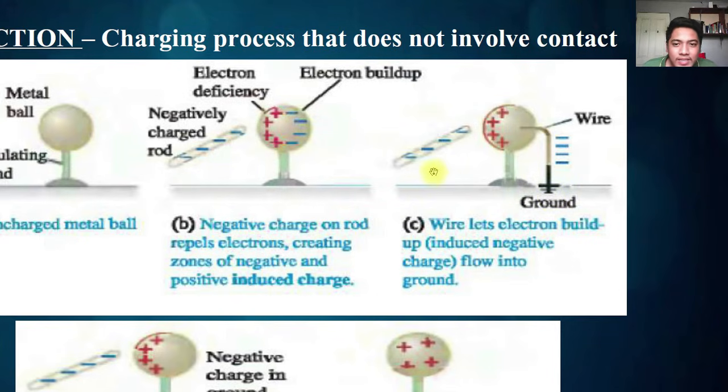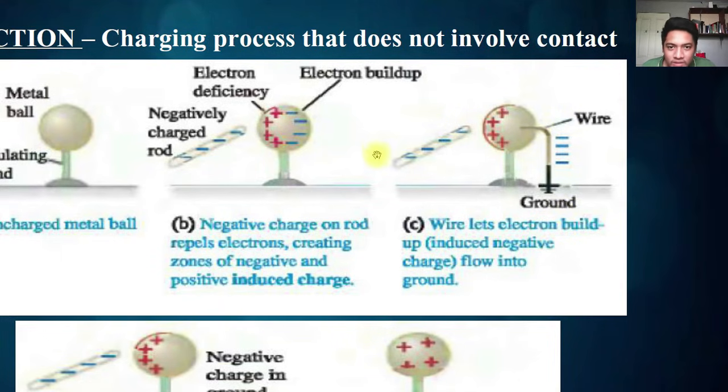Since the negative charges want to go as far away as possible from this negatively charged rod, and a wire is a good conductor, the negative charges will escape from the metal ball through the wire and reach the ground, or the earth. So the electrons will run from the metal ball to the ground through the wire.